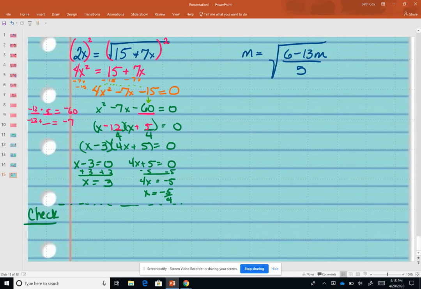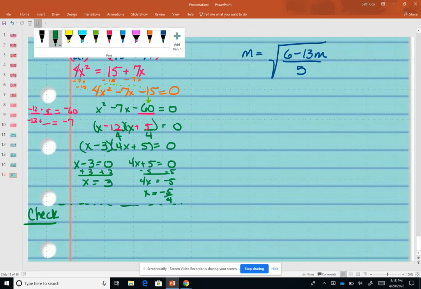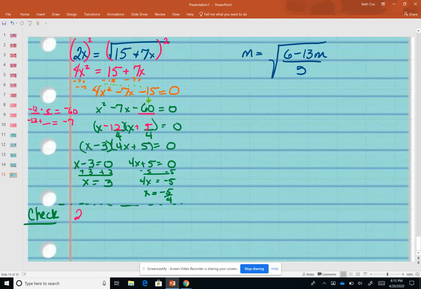I have to check. That means plug it back in and see if it works. Now, I've done enough of these to know that it's the negative ones I have to worry about. So let's look at the negative one. If I plug in a negative 5 fourths, 2 times negative 5 fourths is going to give me negative 10 over 4, also known as negative 5 over 2.